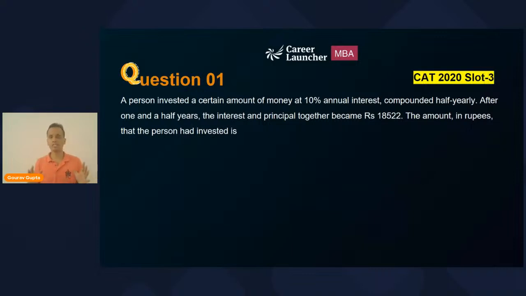There were no options given in this question, so that gives us a small hint. If options are not given, the answer will be an integer, especially a natural number. So quickly do the calculation and tell me what the answer will be.